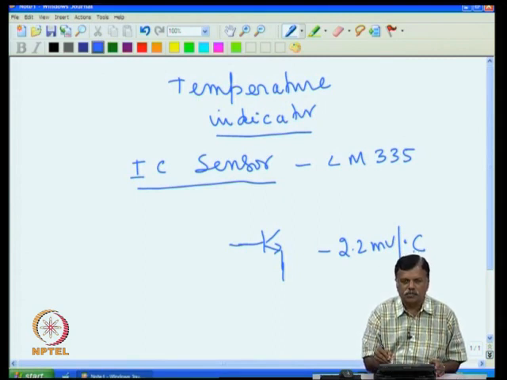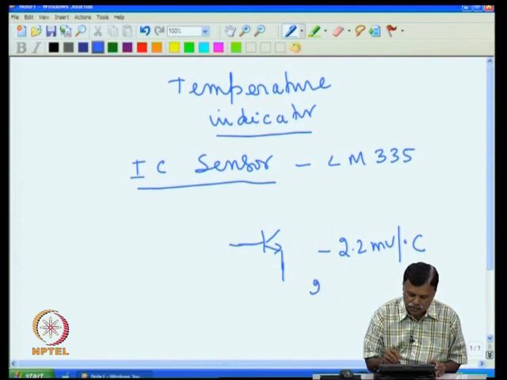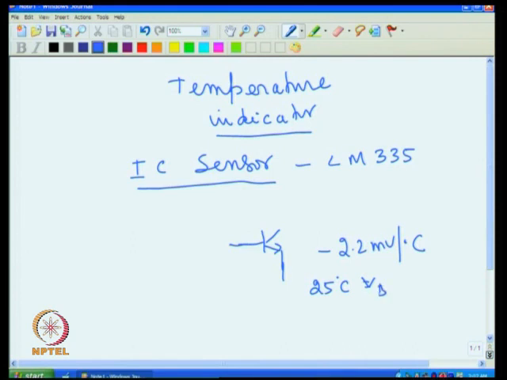In the sense, if at 25 degree C the VBE is 0.6 volt, then at 35 degree C, 10 degree above, the VBE will come down by 10 into 2.2 millivolt, that is 22 millivolt.